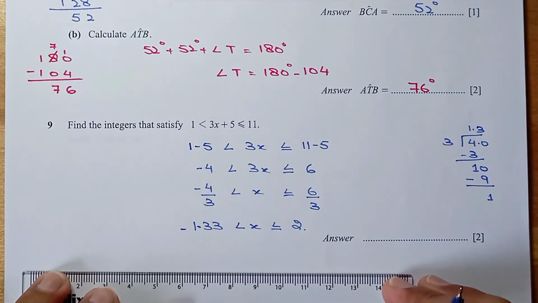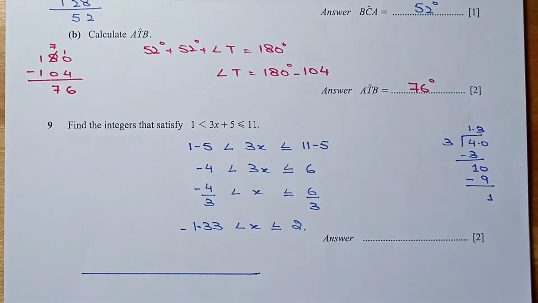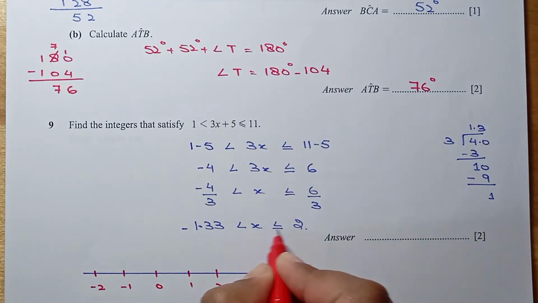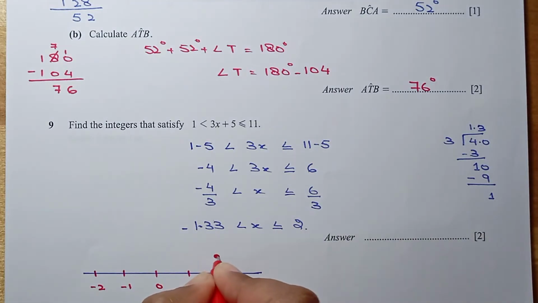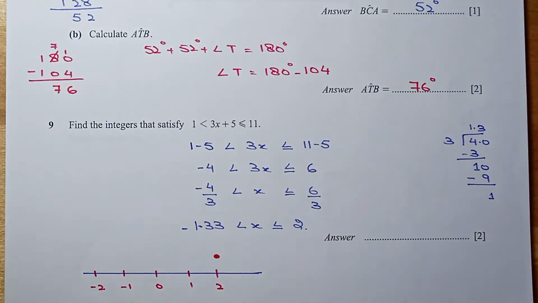So if I draw a number line over here, I choose the numbers negative 2, negative 1, 0, 1, 2. We have equality at 2, and negative 1.3 must lie between negative 1 and negative 2.